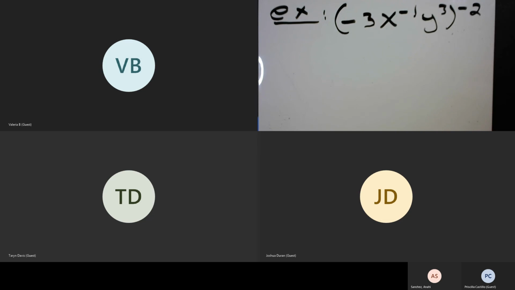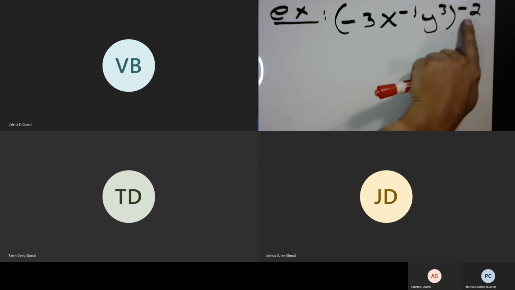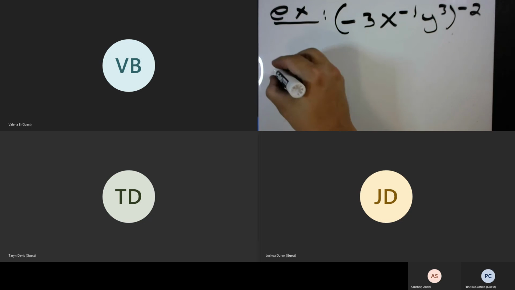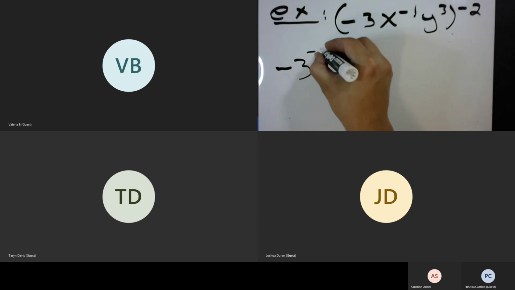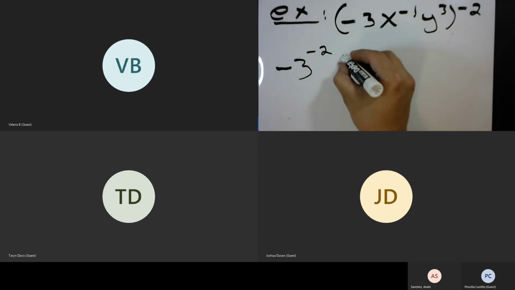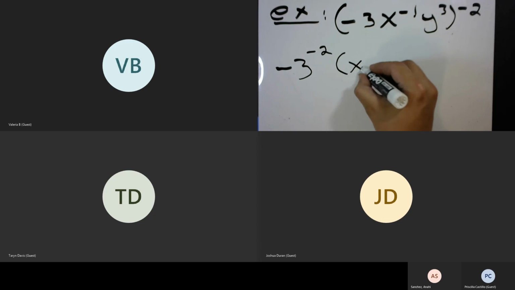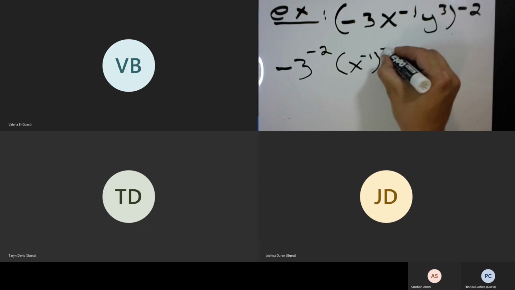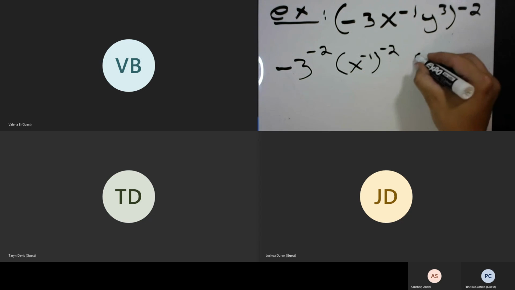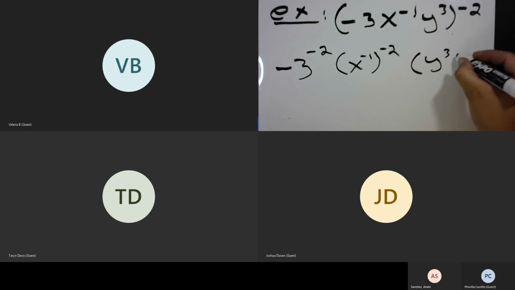So in this case, what we're going to distribute is this -2. So we get -3 to the -2. We're going to get x to the -1 to the -2. We'll get y to the third to the -2.